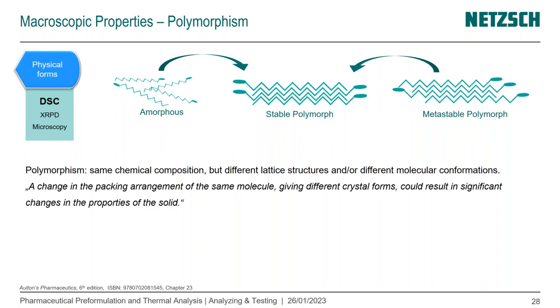So the arrangement of the molecules will give different properties of the solid. We can imagine that, for example, water solubility will be higher for a product that is not oriented in a lattice, and it will also be different when we have something that's not so organized as here in the metastable polymorph.